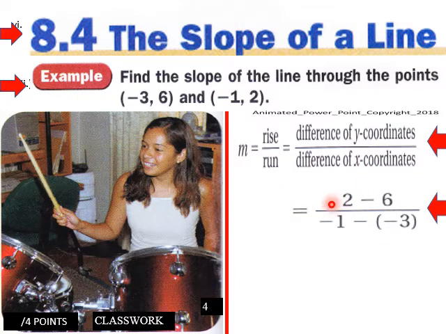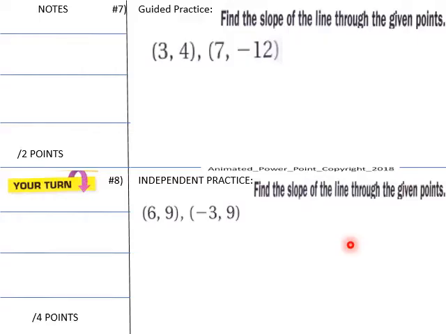So we have 2 minus 6 over negative 1 minus negative 3, which is negative 4 over 2, which equals negative 2 for our slope.